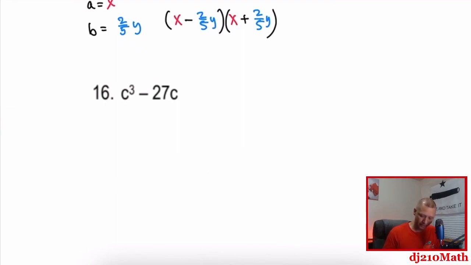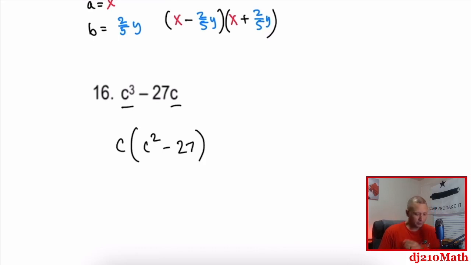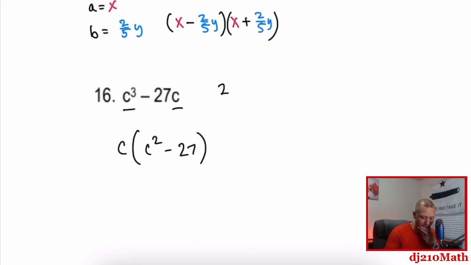Okay, what can I factor out? They both have a c. I'm factoring out a c. C squared minus 27. Man, it's almost like, because I know that 27 is really 3 cubed.